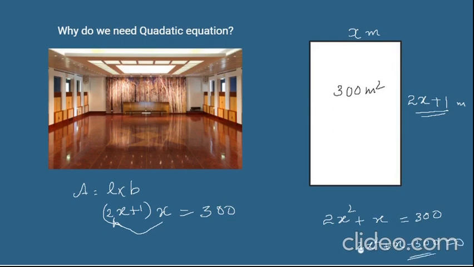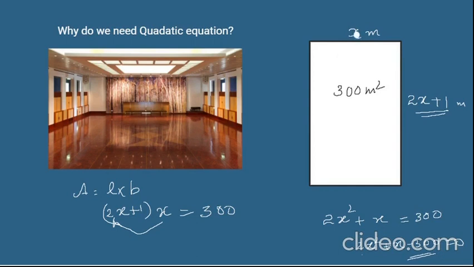So this is nothing other than a quadratic equation. We will meet, or we want to discuss, many situations like this where we will use our quadratic equation. So we have to find a value for x such that it satisfies this equation.